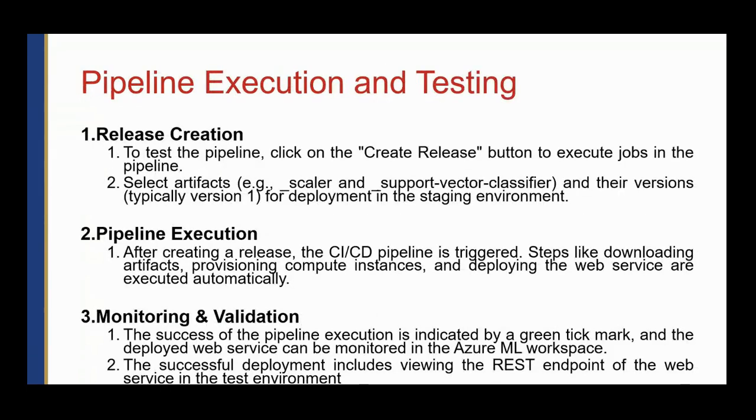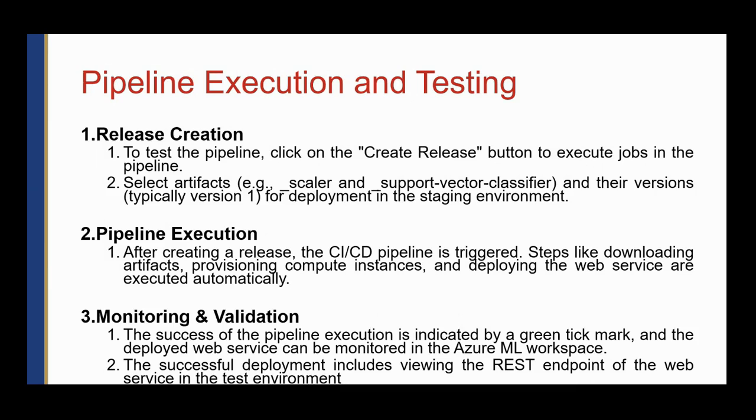Next we are going to see pipeline execution and pipeline testing related to machine learning operations. Here we can execute each individual job automatically by clicking create release from the Microsoft Azure portal, which is triggered by tasks like certificate selection and deployment to the staging environment.